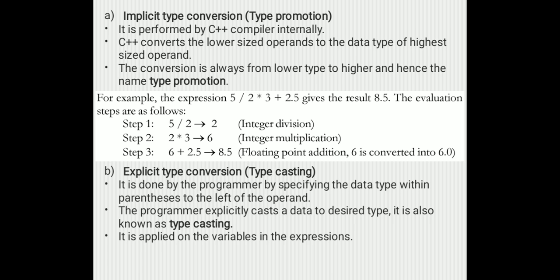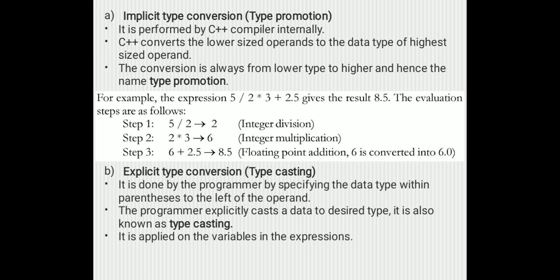It is known as type casting. It is applied on the variables in the expression.